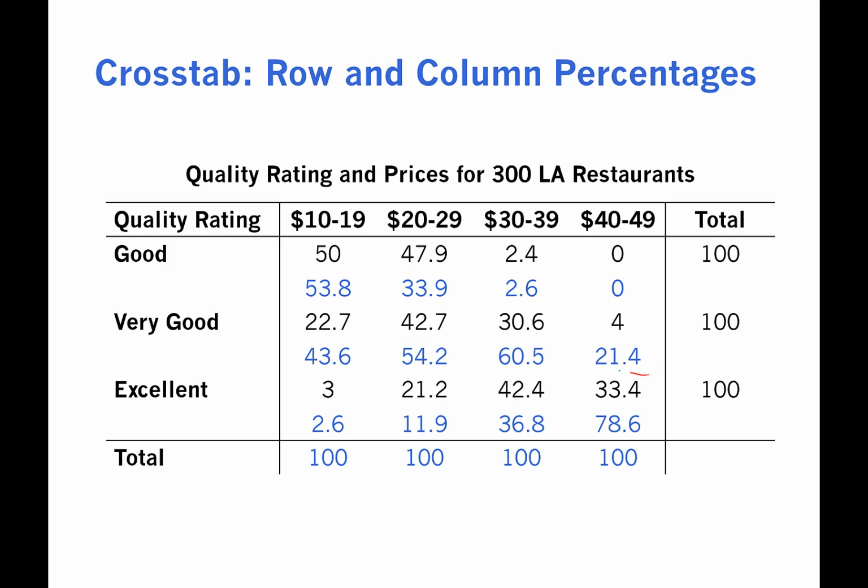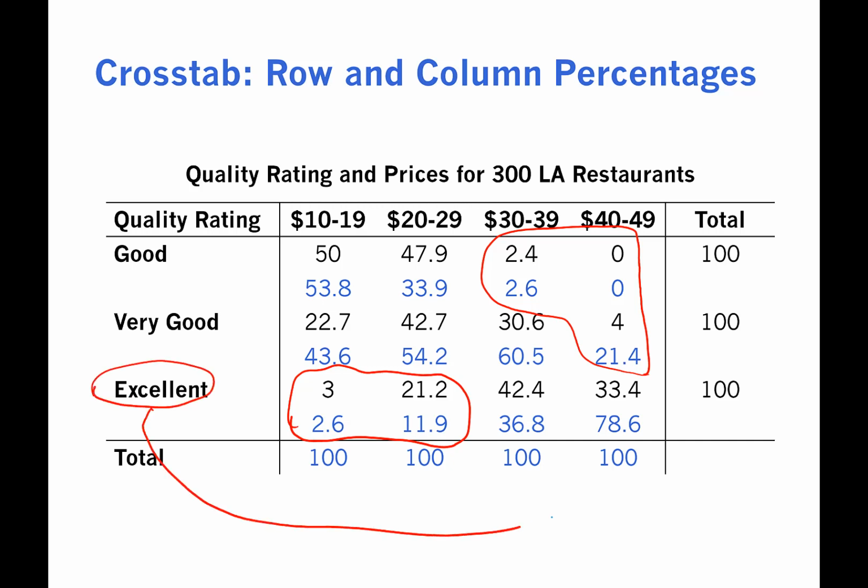And you can kind of see that we have smaller numbers right here and over here. So the higher the quality rating is, the higher are also the prices, and the lower the quality rating is, the lower are the prices. So there's a positive relationship between these two variables.